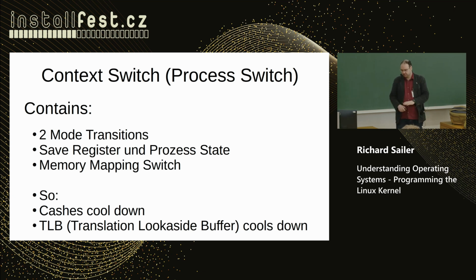That also gets useless; it cools down if you switch to a new process. So that is why context switches are so extremely performance hungry. It's not the actual switch, it's all these caches cooling down. And this was one of the reasons why I explained before, with the example of all these microservices, that this was such a performance problem.